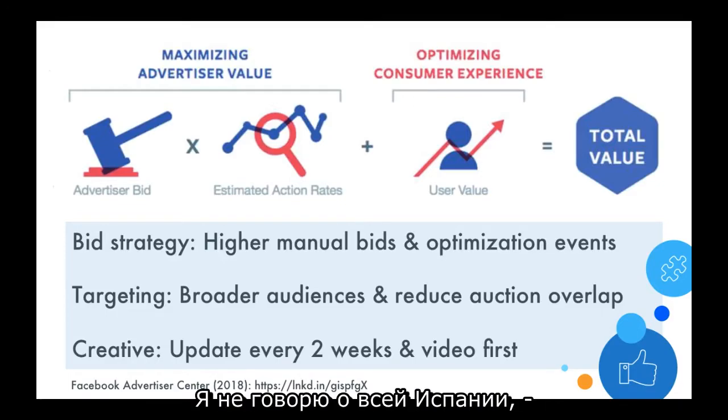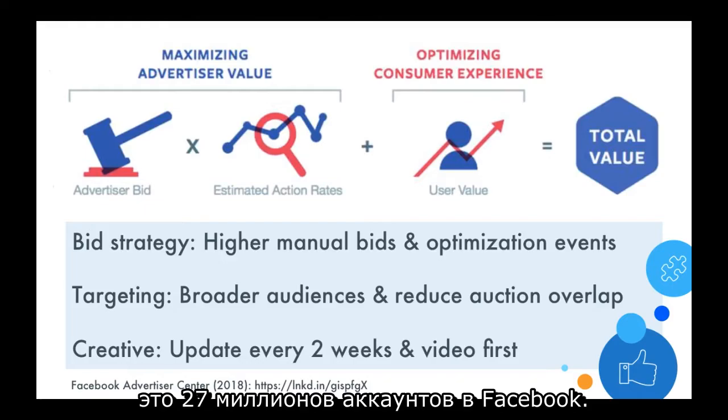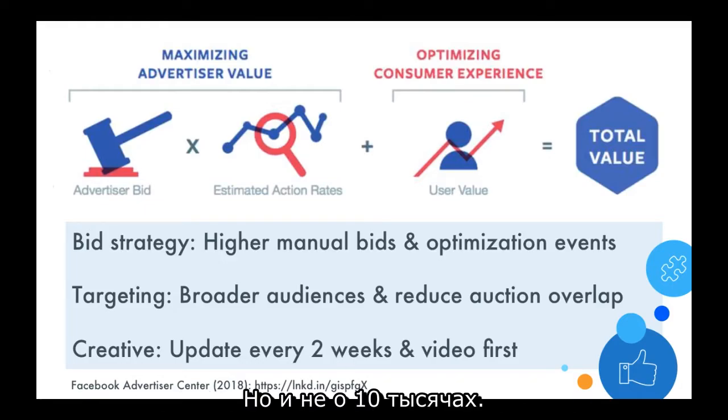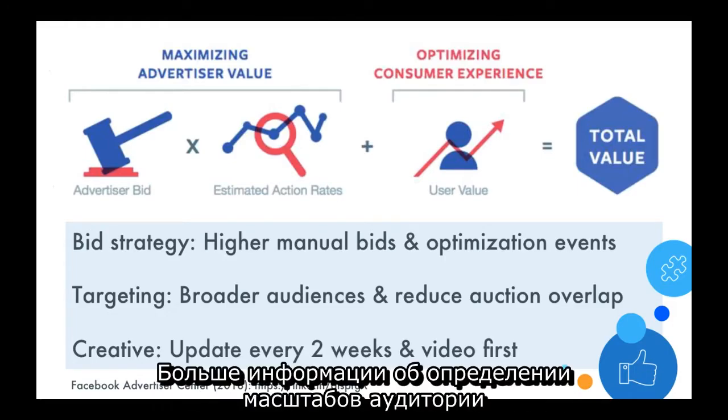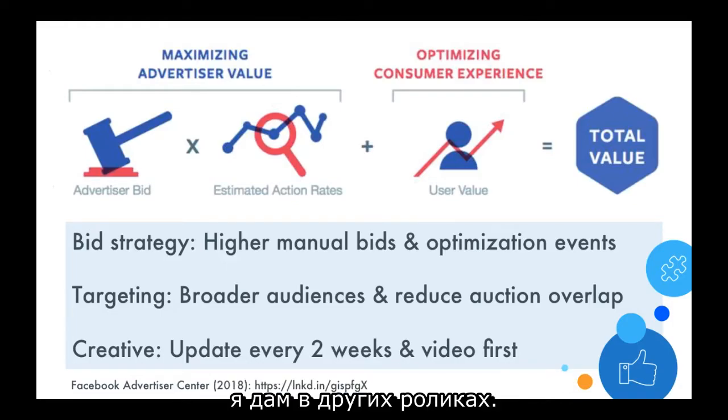I'm not saying whole Spain, like 26 million Facebook profiles, but also not just 10,000 people when we're talking about prospecting. But let me go into more detail on the right audience size in another video, okay?